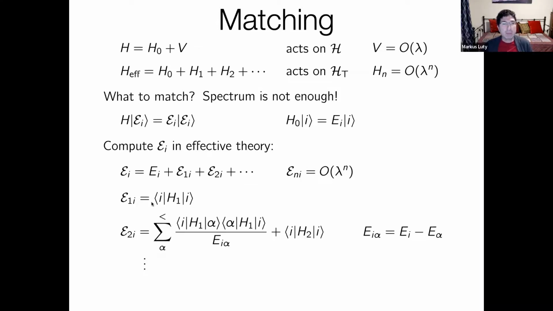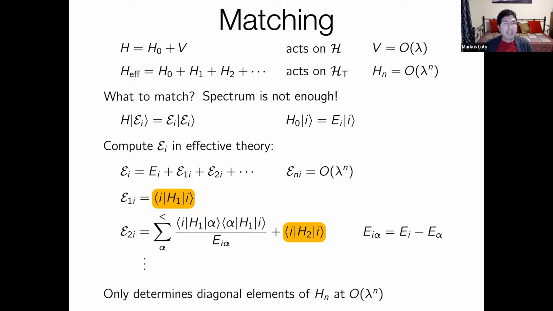But we see here that we only get the diagonal element of H1. At next order, we start being sensitive to off-diagonal elements of H1, but we're only sensitive to the diagonal elements of H2. So if we match the spectrum order by order, we're only going to be determining the diagonal elements of H sub n. Somehow the spectrum is not enough information to find the effective Hamiltonian.